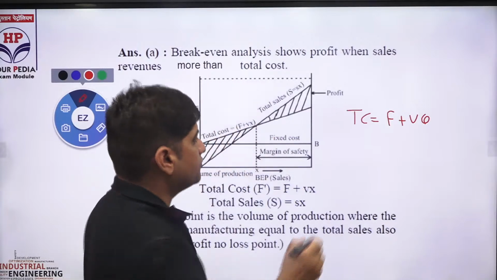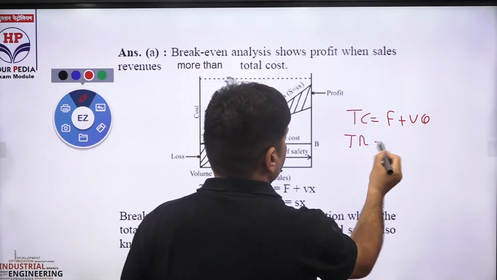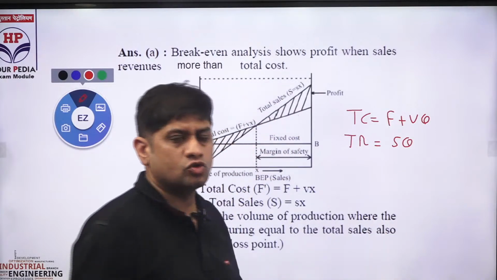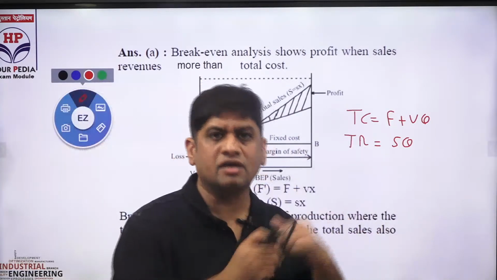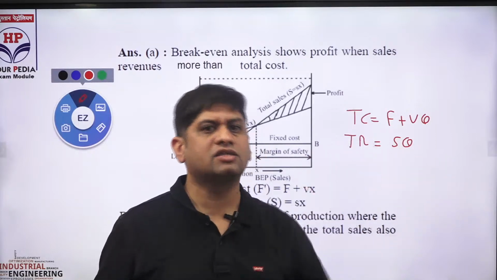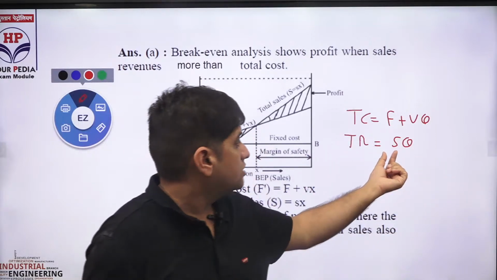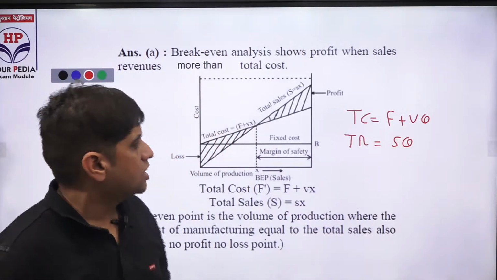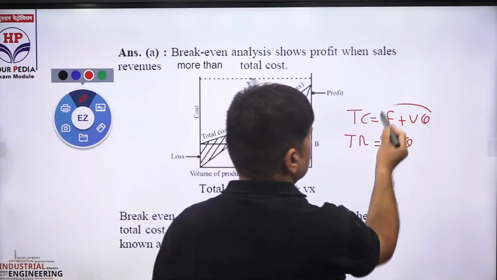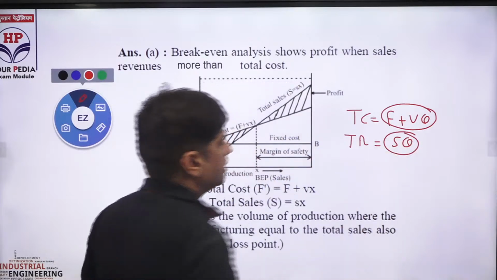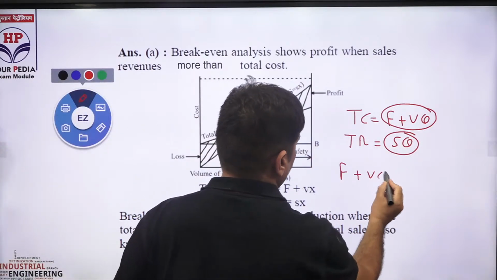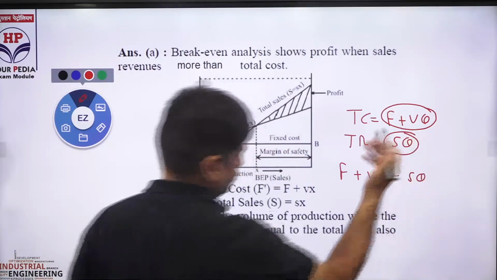Now what is total revenue? Total revenue, or sale, will be the sales cost into the number of units. So how many students got admitted with me? Every student is giving me fees. The fees is sales revenue for me into q, the number of students, number of units. The moment I equate these two, I get break even. So I'll say fixed cost plus variable cost is equal to sales revenue.